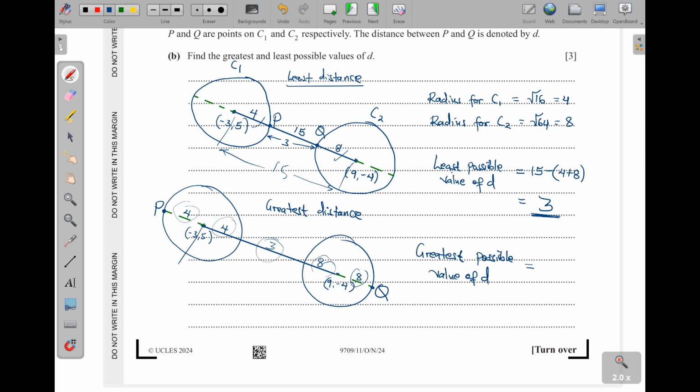Or I can say the whole of it is 15. So if the whole of this is 15, then I say this 4 here, then plus the 15, then plus this other 8 here. So this will be 19 plus 8, that will give us 27.